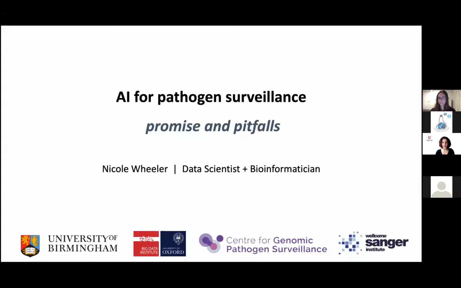Her focus is on developing high-throughput computational methods for understanding adaptation in bacterial pathogens and flagging high-risk strains. She combines a background in biochemistry and genetics with experience in statistics and machine learning to find new ways to gain insight from genome sequence data. Dr. Wheeler will give us a presentation on artificial intelligence for pathogen surveillance: promise and pitfalls. Dr. Wheeler, the floor is yours.